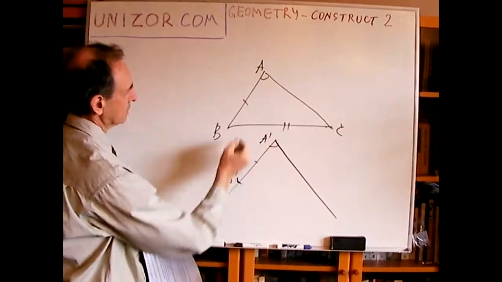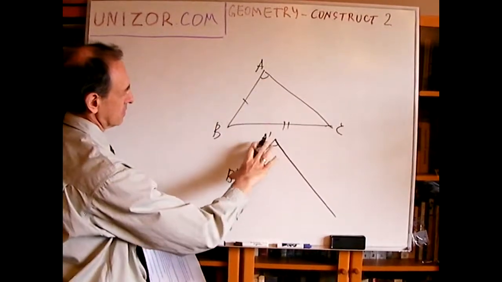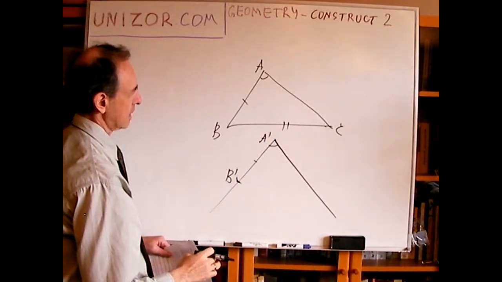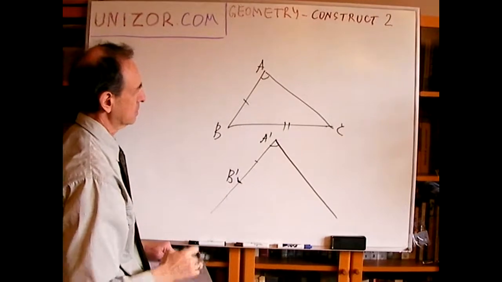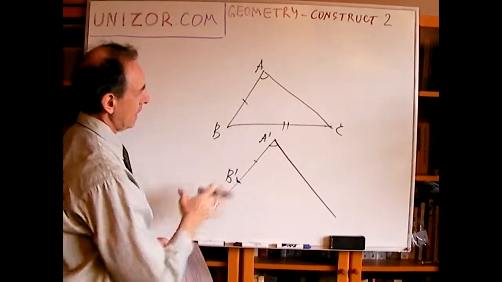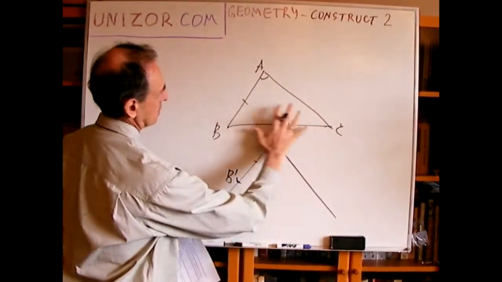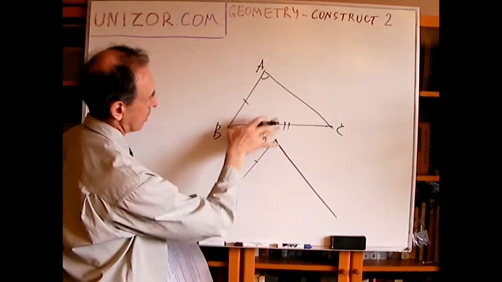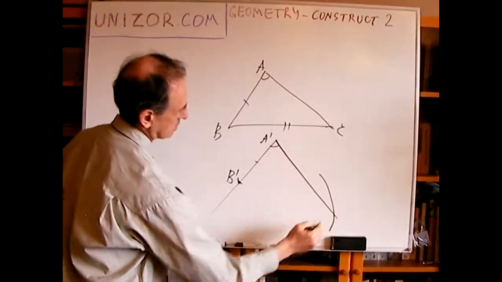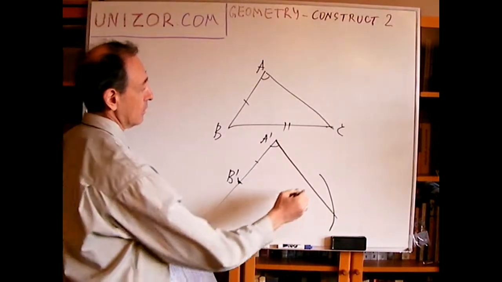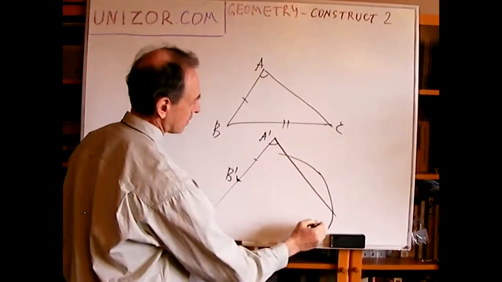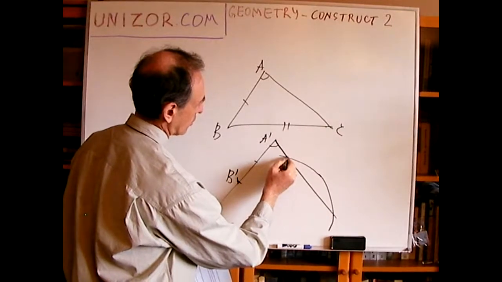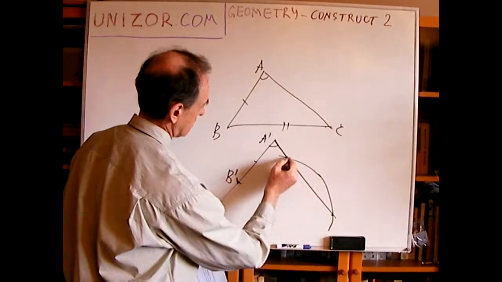Then on one side of the angle, we basically measure the segment, one side of this particular triangle. And then using this as a radius with this center, we just draw a circle. Well, now here what's important, the circle can actually cross in 2 points.